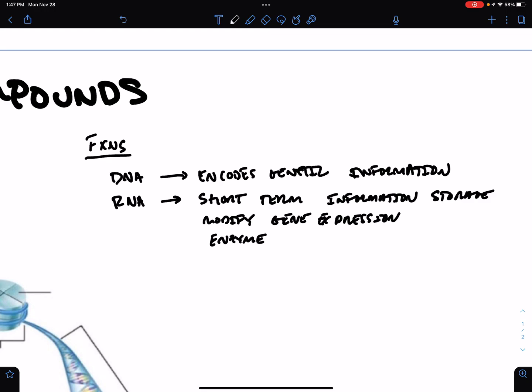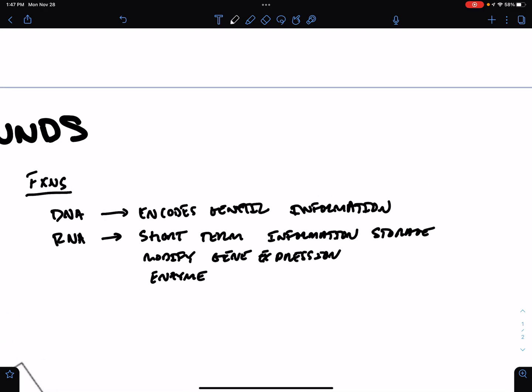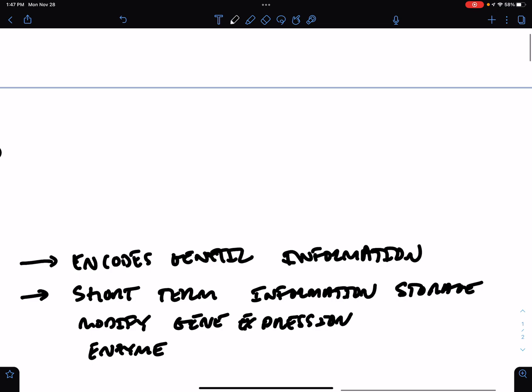So you probably heard a lot more about DNA, but RNA has a much more active role in regulating how DNA is expressed. And I hope you remember early on in the year, we talked about the central dogma of biology.